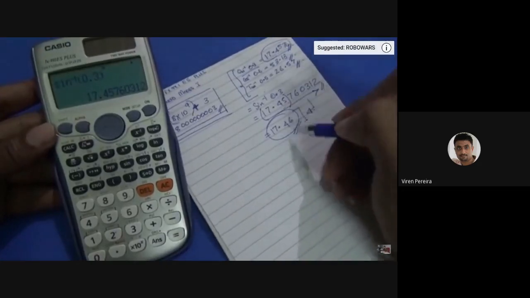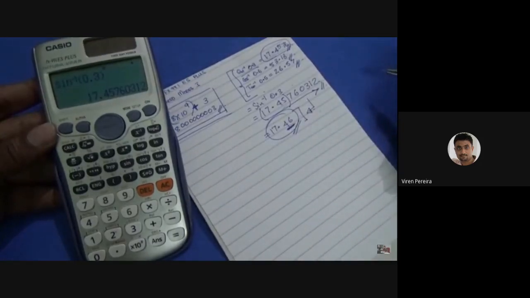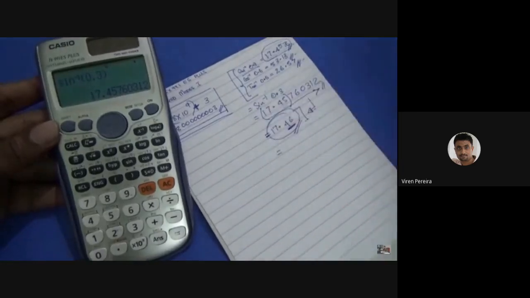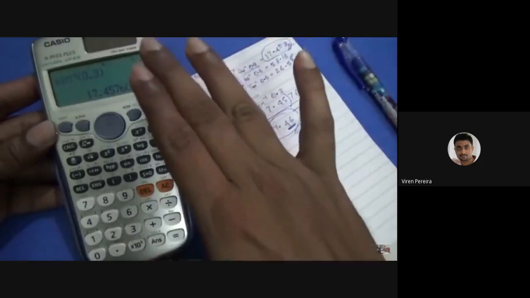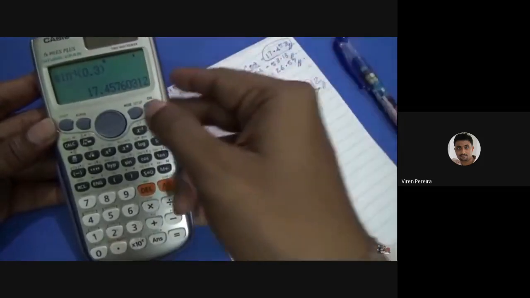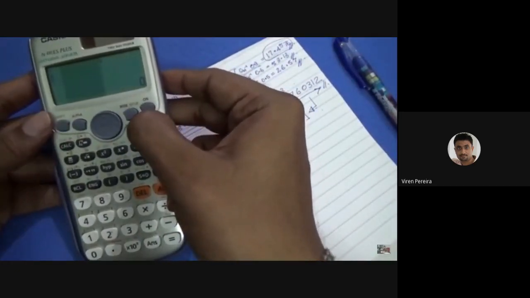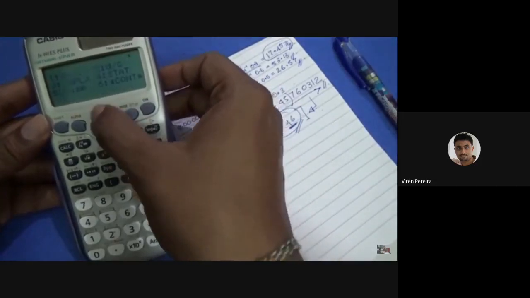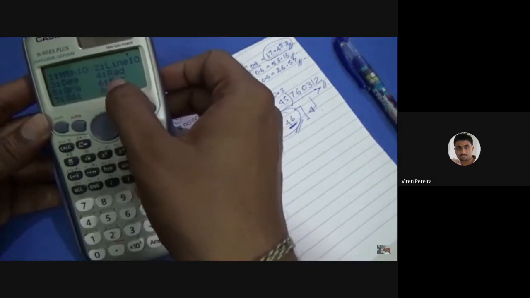So we are only interested in 2 decimal places, which is globally used. Now, if you want to tweak your calculator settings, press shift, setup, and go to this option known as fix.